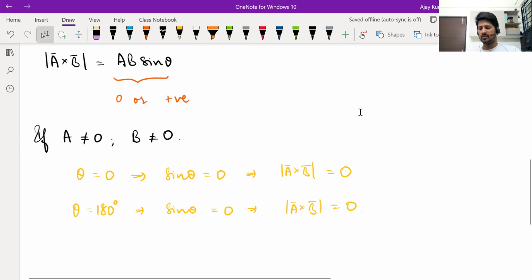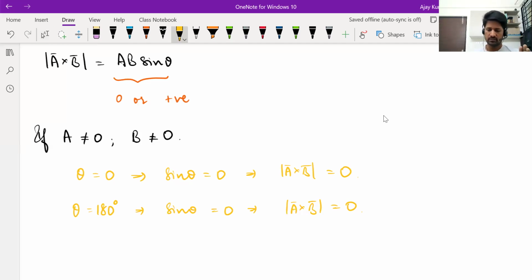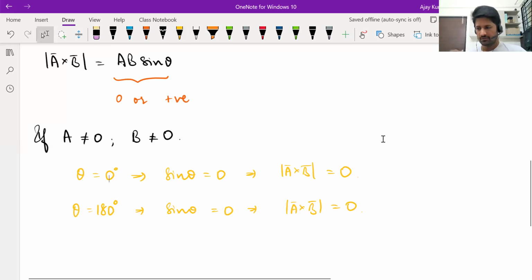So what you need to remember is vectors which are parallel to each other or exactly opposite to each other, their cross product will be 0, irrespective of their magnitudes. Okay, so for 0 degrees and 180 degrees, the cross product is 0. For any other angle in between 0 and 180, you will get some magnitude of cross product definitely. Okay.